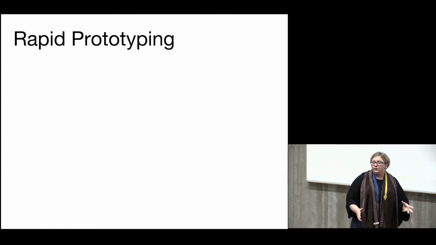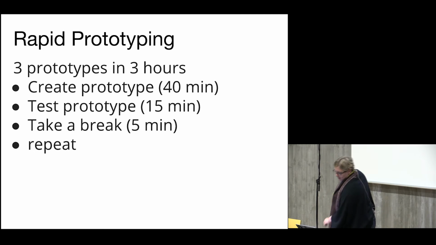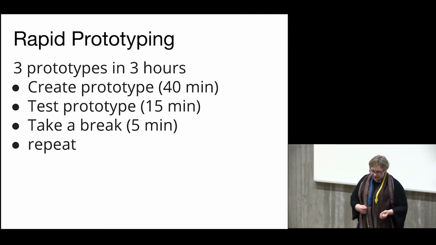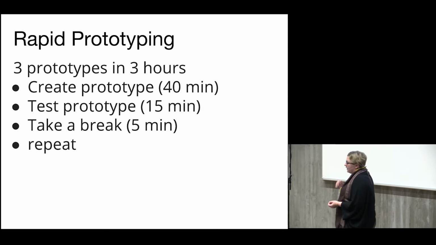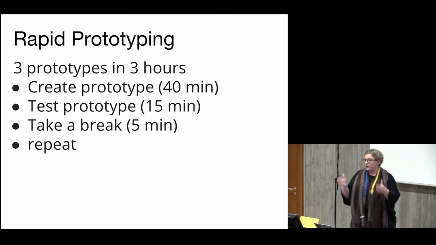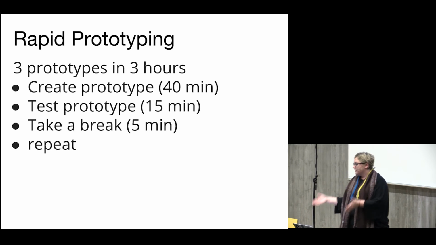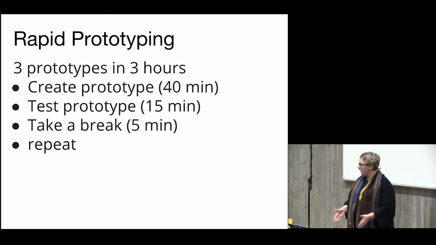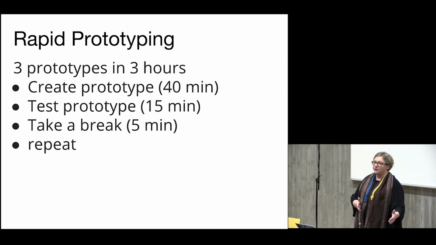Another technique is rapid prototyping, the idea that you quickly create a prototype. There's an exercise you can do where you create 3 prototypes in 3 hours. You create a prototype in 40 minutes, test the prototype with users for 15, then take a break, and repeat.